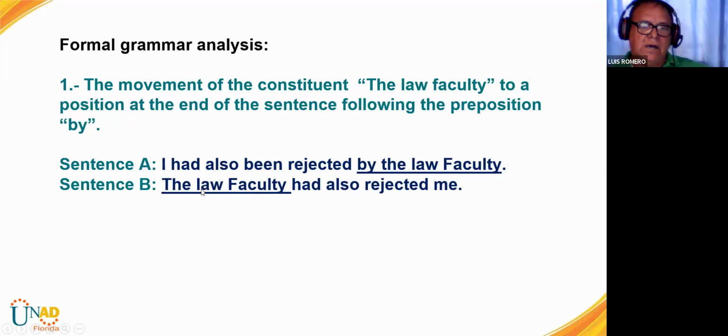So here you have an important change: the chain begins with an active sentence, then it changes to a passive sentence. So that subject now becomes the agent of the sentence.